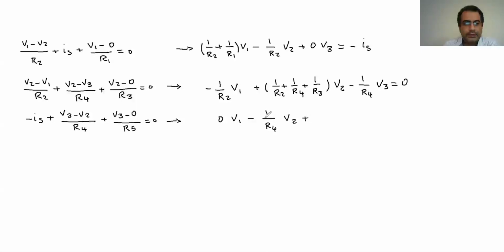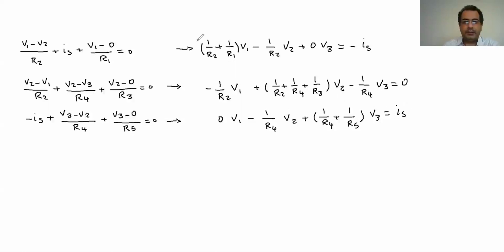And for the V3, I have two terms that have the V3 in this. So it's going to be 1 over R4 plus 1 over R5 V3, and everything else that's not V1, V2, or V3 should go to the other side. So that negative IS should go to the other side and becomes IS.